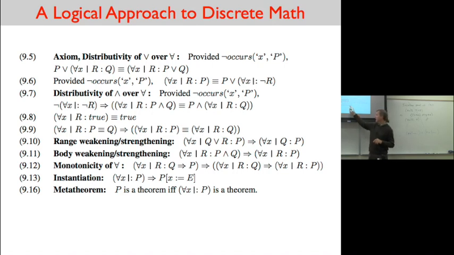Because this is P with x replaced by any expression. So do you see why that follows? It's because if you have something that is universally true in all cases, then it has to be true for whatever you put in. If it's true for all of them, it has to be true for one. That's common sense.